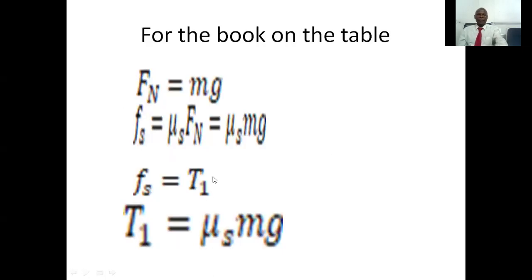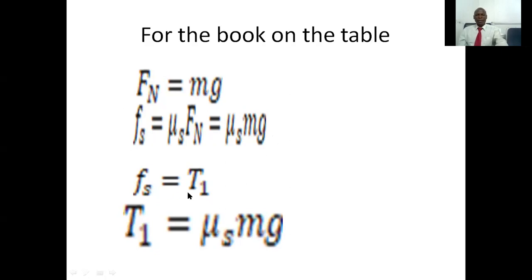As we are aware, static friction is equal to the coefficient of static friction multiplied by the normal force. And the normal force is the same as mg, therefore it is equal to the coefficient of static friction times mg.